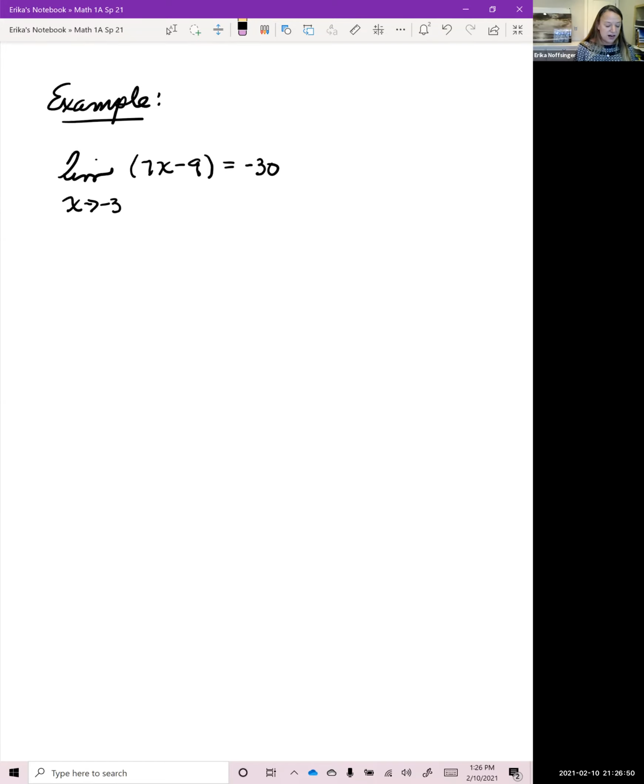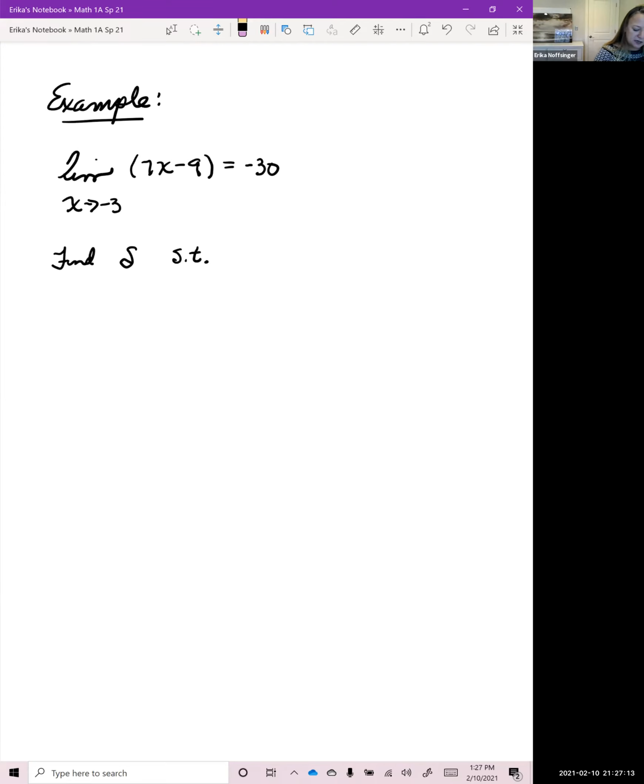Okay, so we're trying to find some delta such that... There's actually another terminology that you will see in math, but let's not do that.